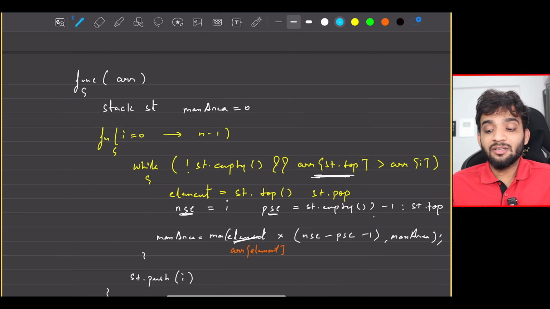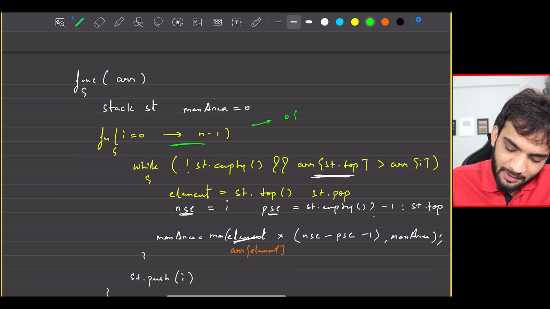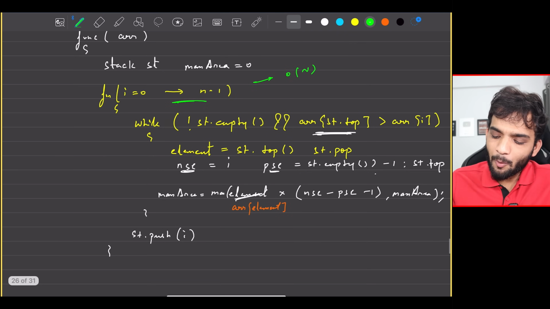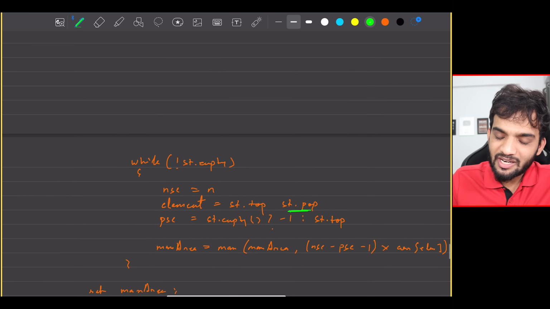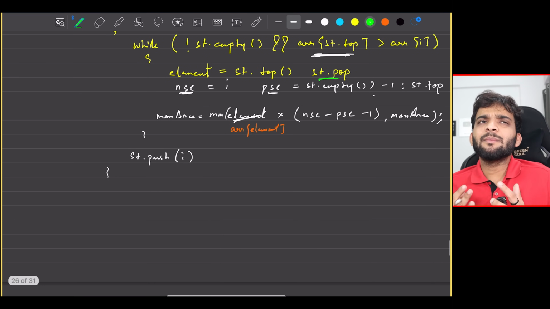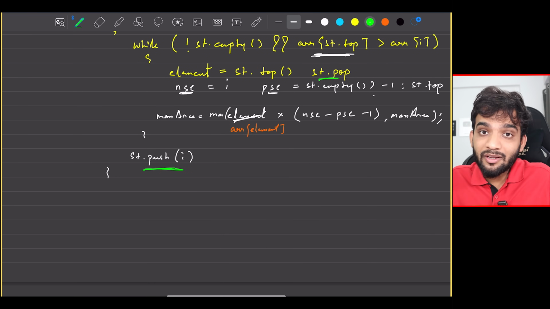So time to compute the time complexity. I'm running a for loop for sure, so that's a big O of n. And then I'm popping out elements from the stack every now and then. How many elements am I inserting into the stack? At max of a big O of n.